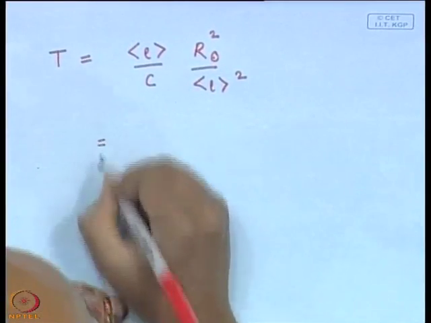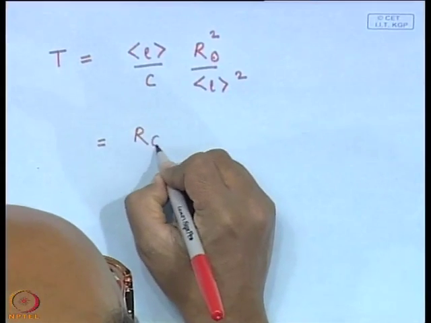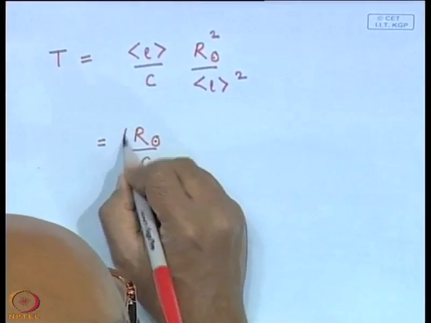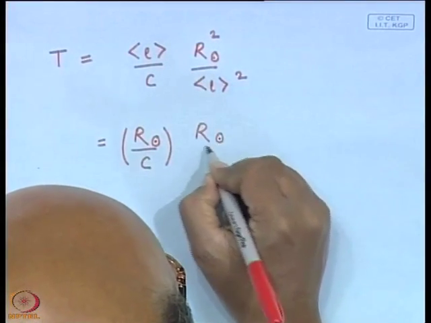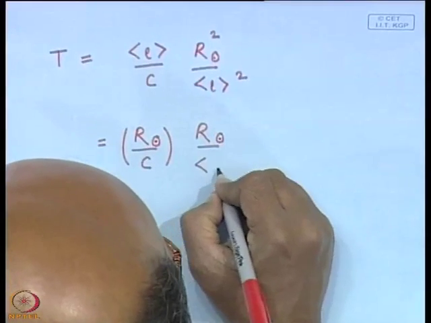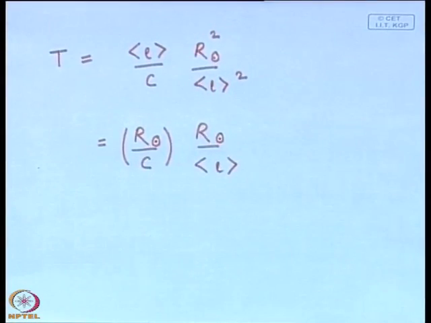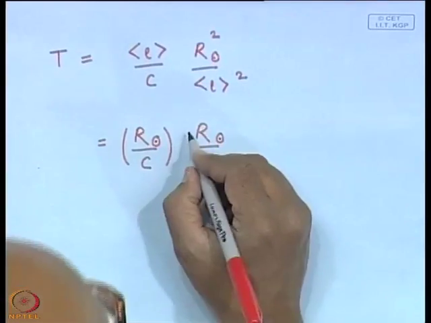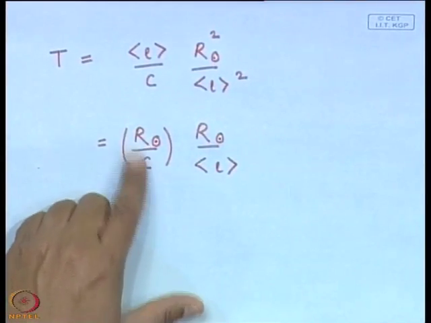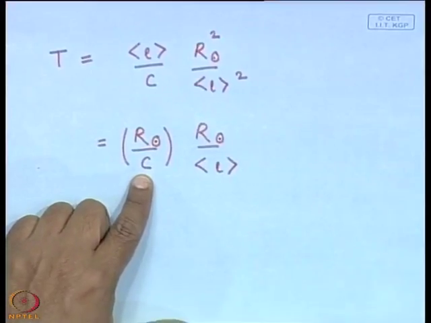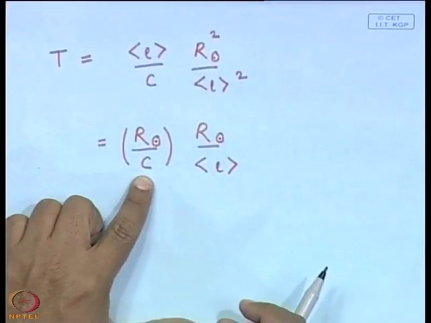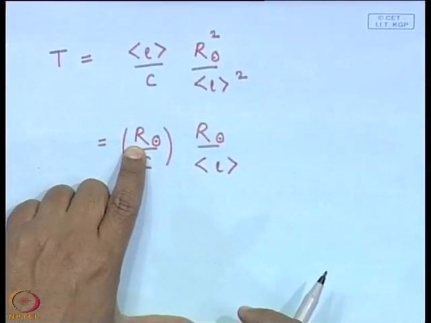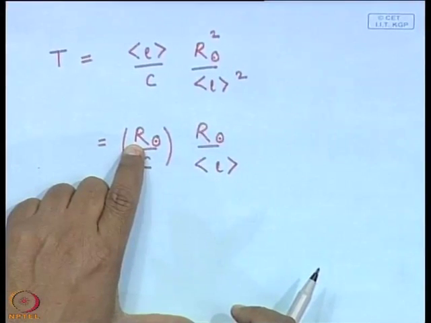which we can write as the time the photon would have taken if it travelled freely from the center of the sun out, and that time we know, the radius of the sun is roughly 2 light seconds.